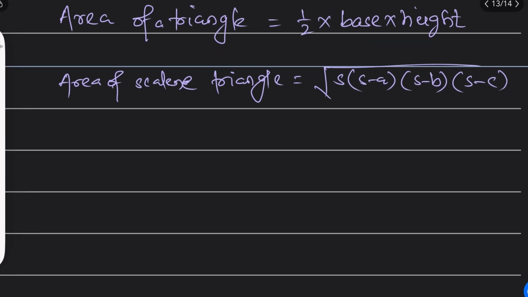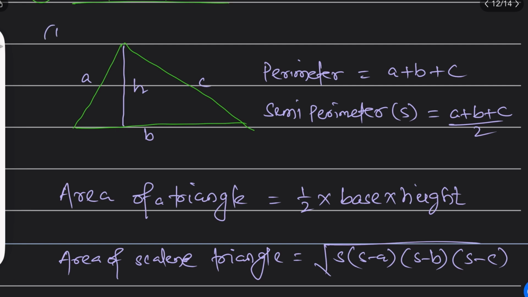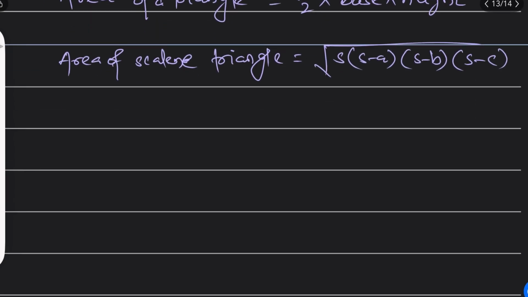Triangle done. The first geometry I discussed is the triangle, right? In triangles, different types are also there, so let me discuss those too.